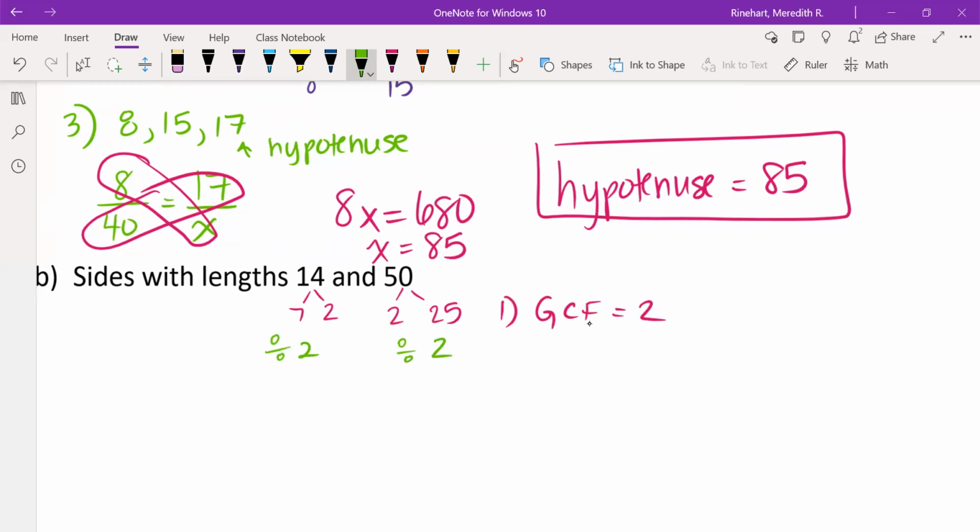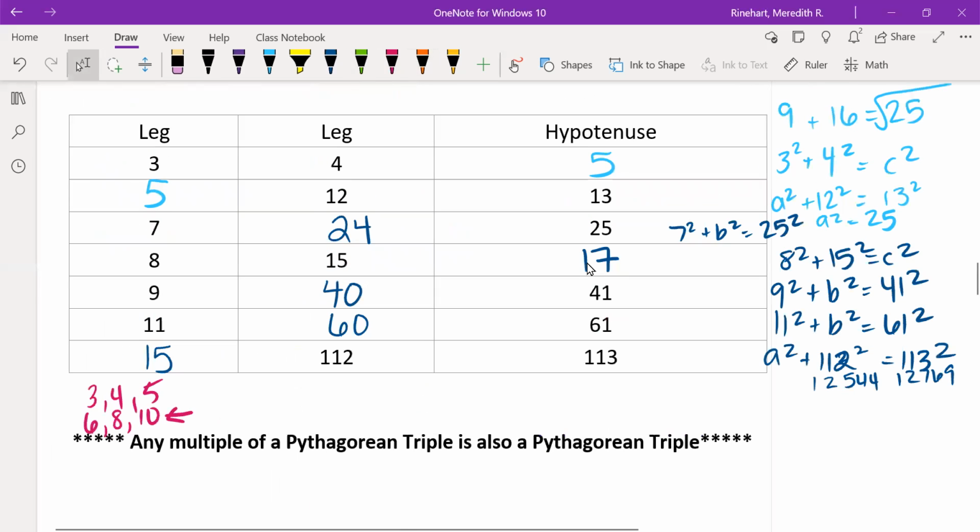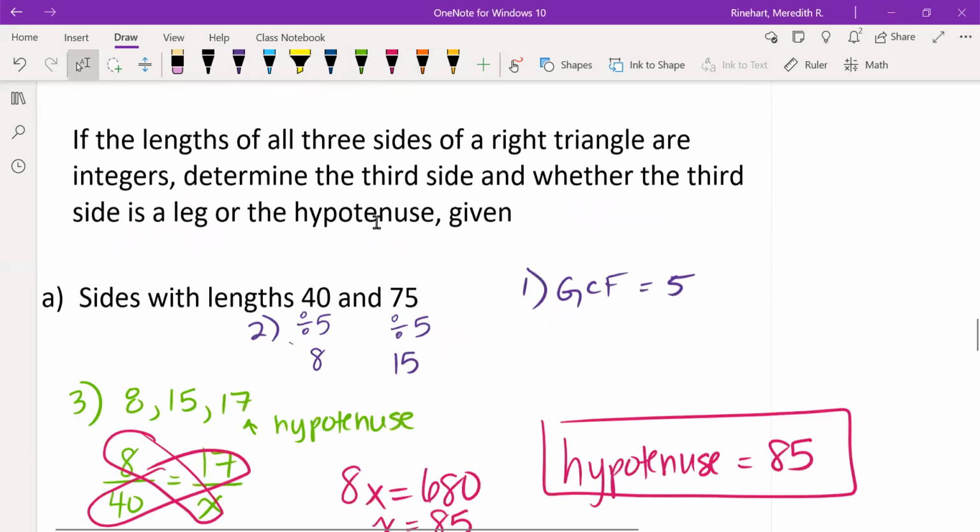And we get 7 and 25. To identify our Pythagorean triple, we're going to go up to our chart. So 7 and 25, I see is right here, this third row, 7, 24, 25. So we're missing a leg, which is 24.